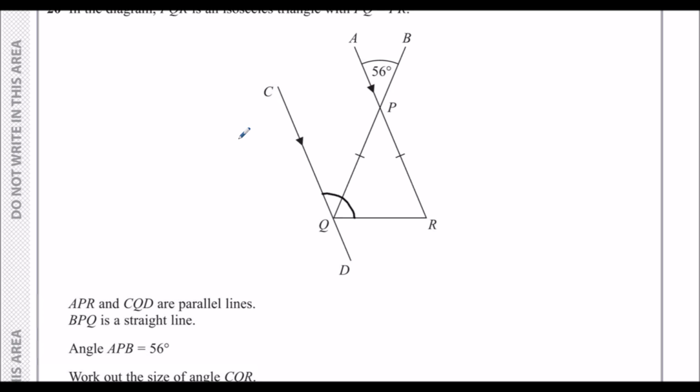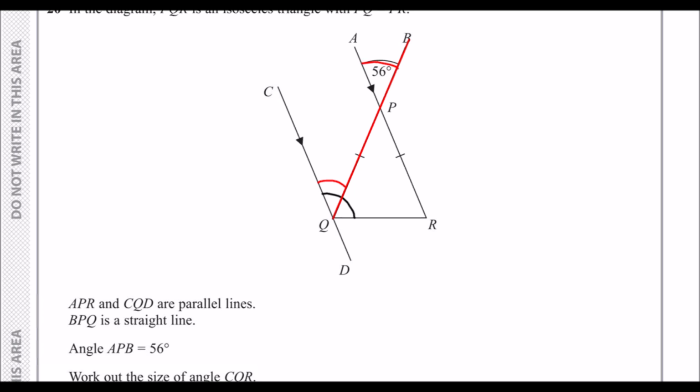So we can use angles in parallel lines. So we've got corresponding angles. So these two angles, when we have parallel lines and the line going through them, so this line goes through the parallel lines, it makes the same angles with both parallel lines.